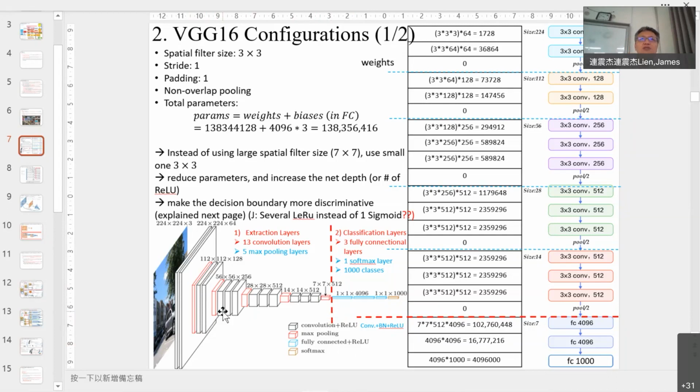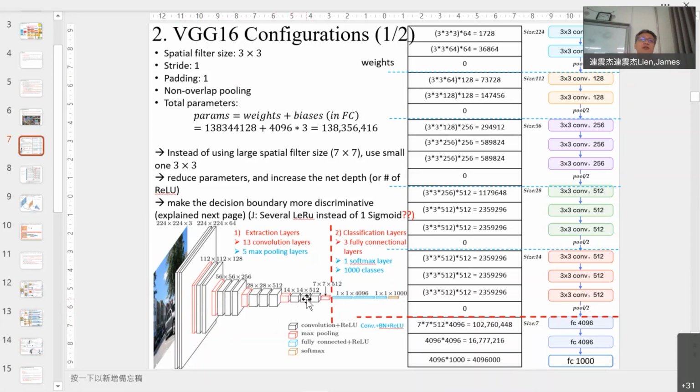You don't need to care too much about this. But usually we don't call downsampling a layer. So for example, VGG 16, if you ignore the red ones, the maximum pooling, you will count 1, 2, 3, 4, 5, 6, 7, 8, 9, 10, 11, 12, 13.